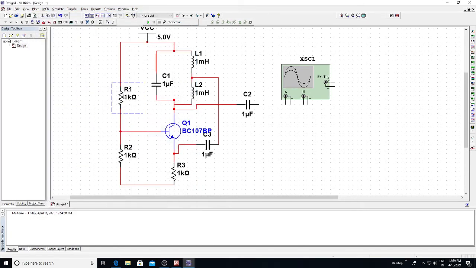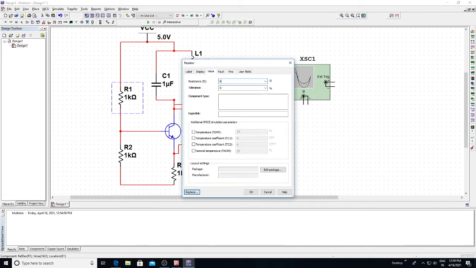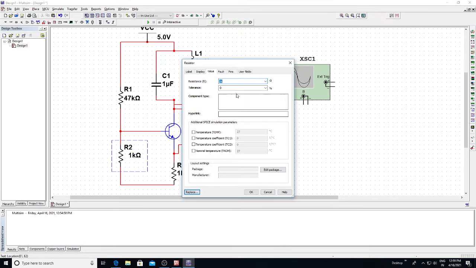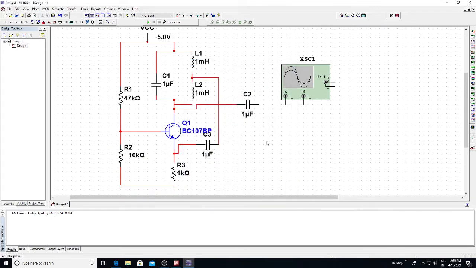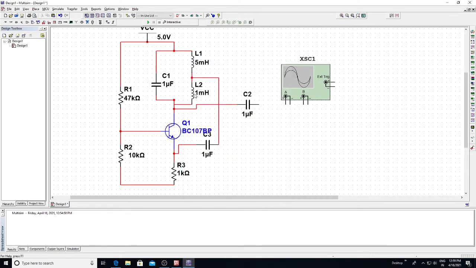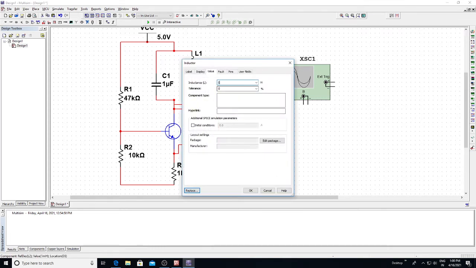Here the resistor value is 47 K, and this value is 10 kilo ohms, and this is 5 millihenry. This inductor is also 5 millihenry.